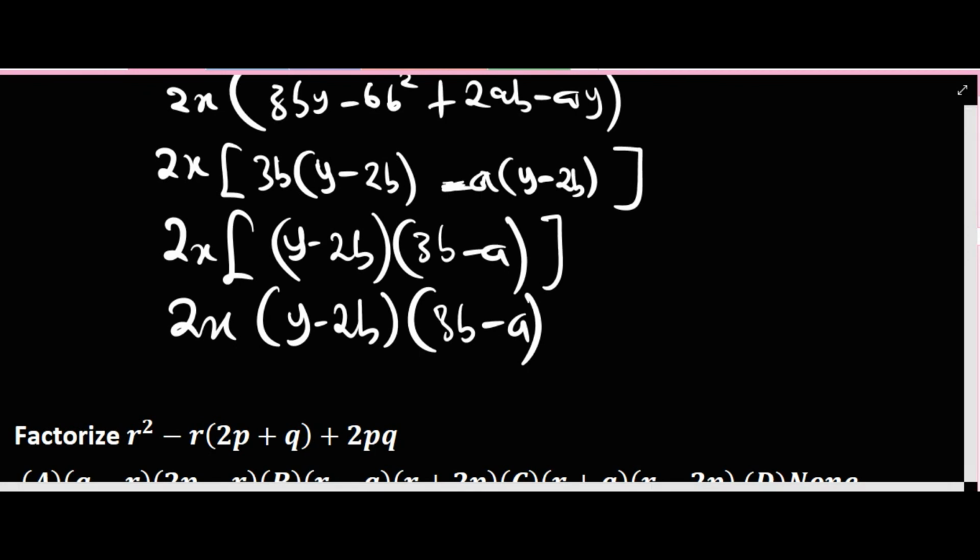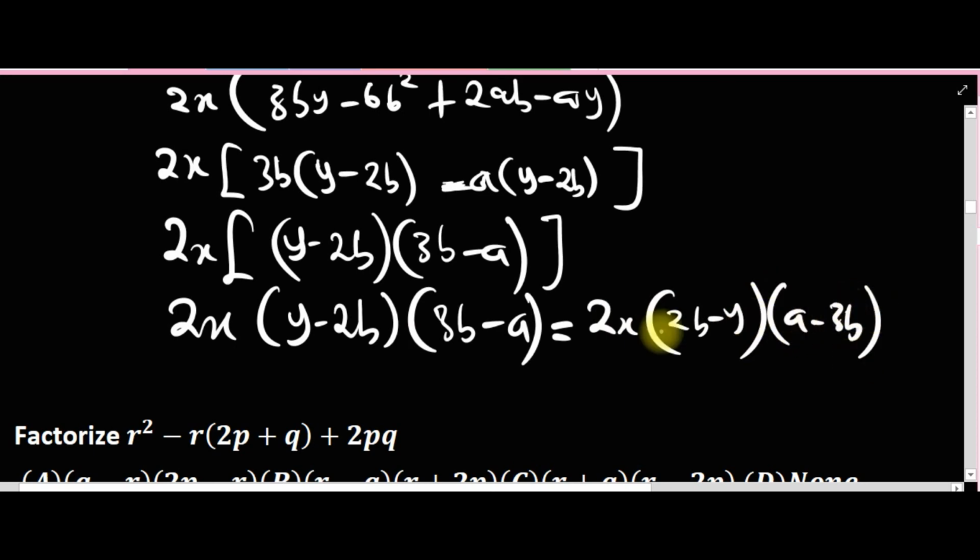Why is it C? I can bring this minus out. I can bring this minus out, so that minus times minus is now plus. So we have 2x. Bringing the minus out, we make this 2b minus y. Bringing the minus out there is a minus 3b. So the minus times minus will turn to plus.